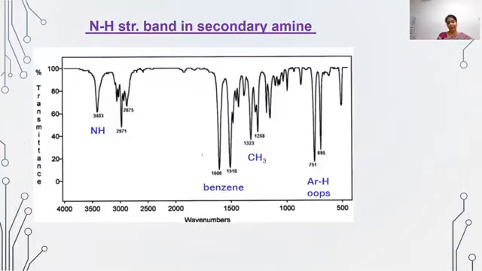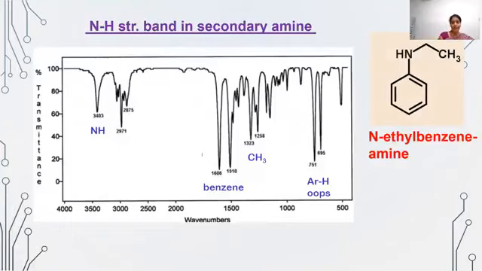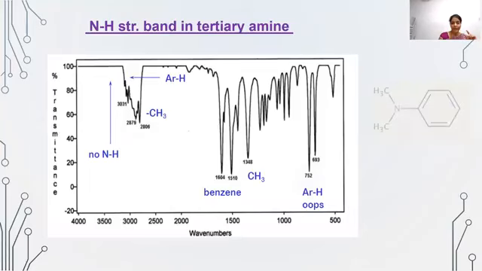In case of a secondary amine, the example is N-ethyl aniline, in which one of the hydrogens of NH2 is replaced by an alkyl group, so it is converted into a secondary amine. Nitrogen is connected with only one hydrogen, so it will produce only one NH band.